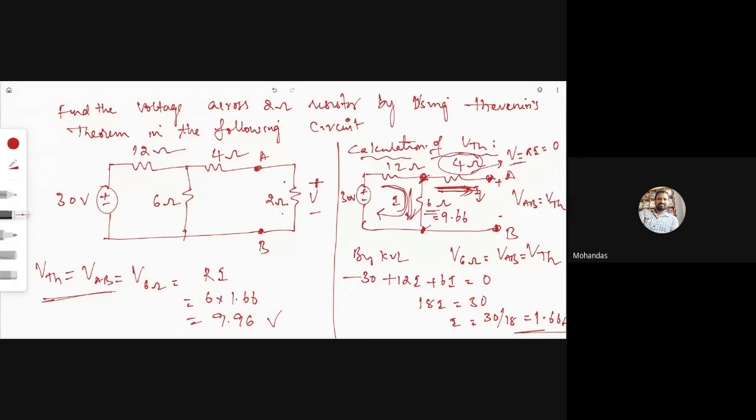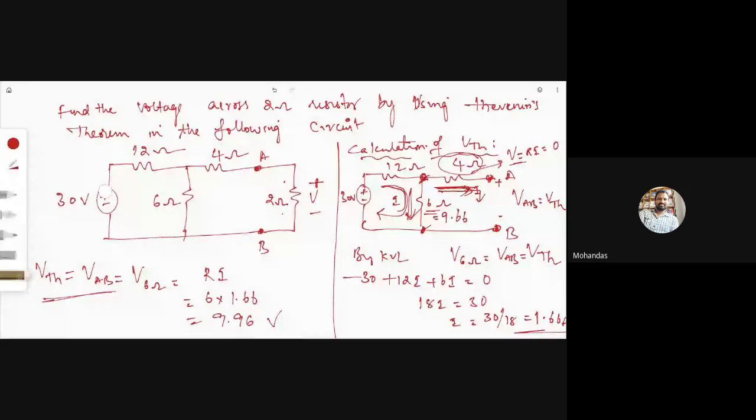And what is the R Thevenin? Can anybody tell me R Thevenin? Did you calculate it? See, all of you listen carefully.